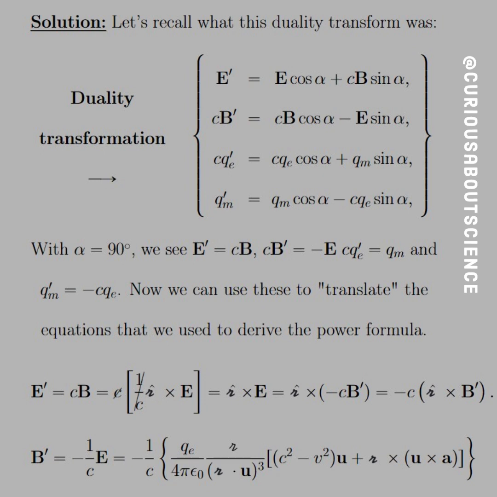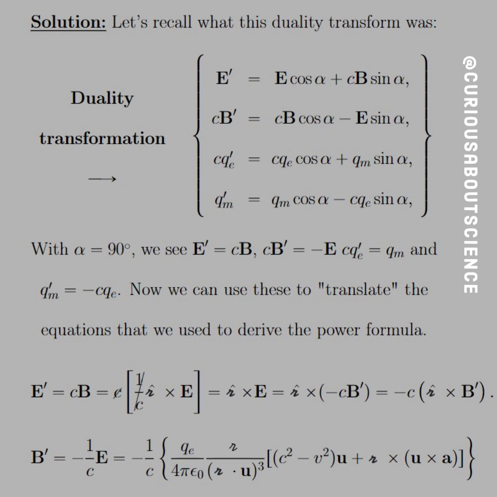We have to now use R hat cross E, but we know that E here is equal to negative CB prime. So if we want to write E prime in terms of B prime, we have negative C R hat cross B prime. Okay, so we have our primes together.